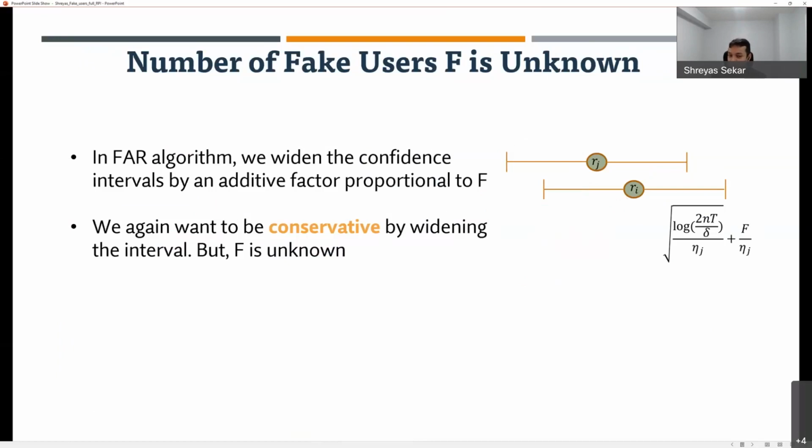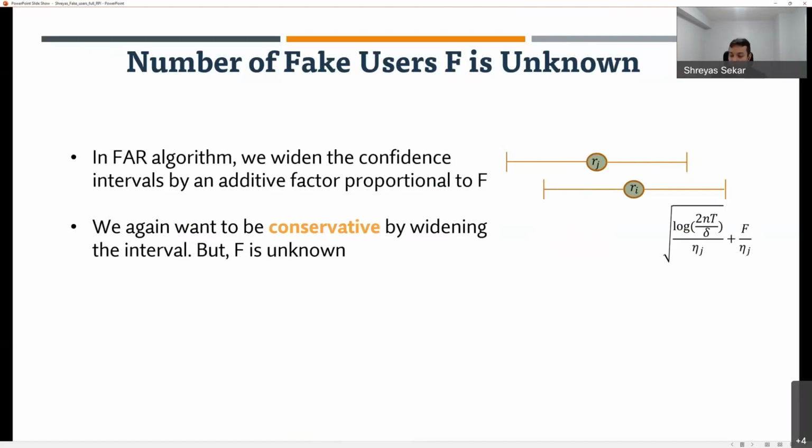This is a challenge because sure, I can go ahead and be pretty pessimistic in how I widen this. But here's the problem. If I'm too pessimistic in widening my confidence interval, then my learning is going to be extremely slow, which is going to lead to poor regret.